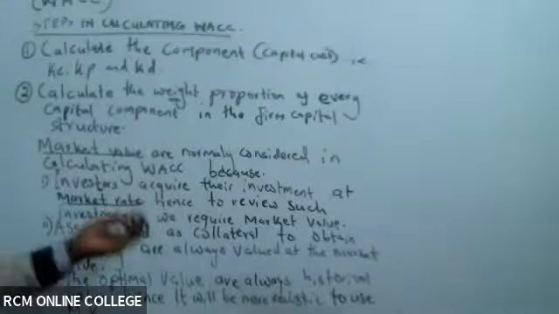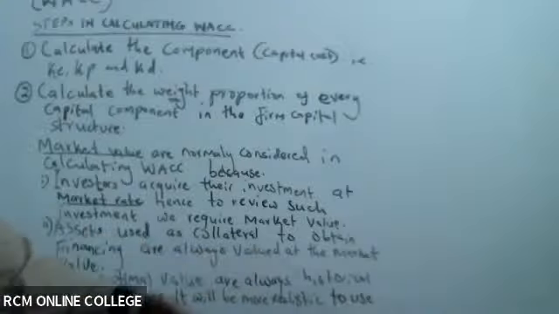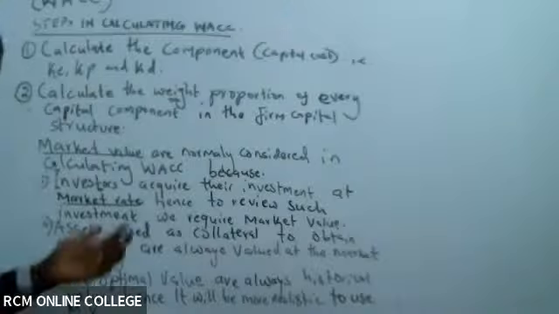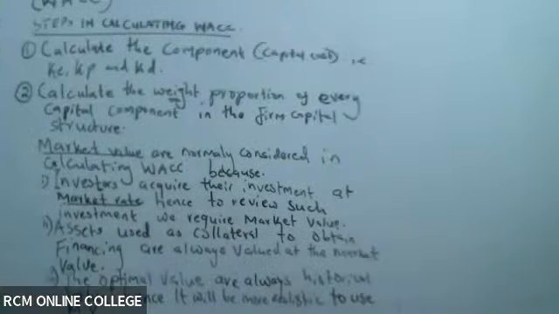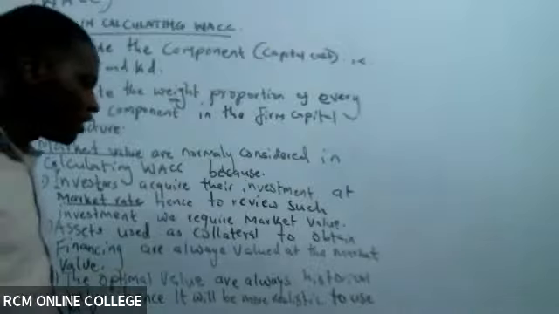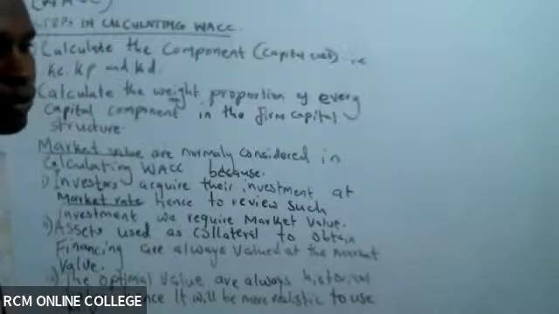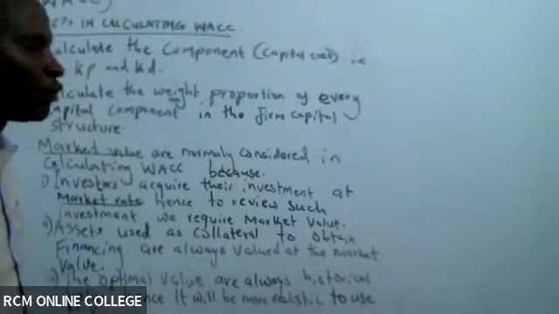Then the assets used as collateral to obtain finance are always valued at the market price. And then the book values are always historical values, and hence it will be more realistic to use market value. Are we together?